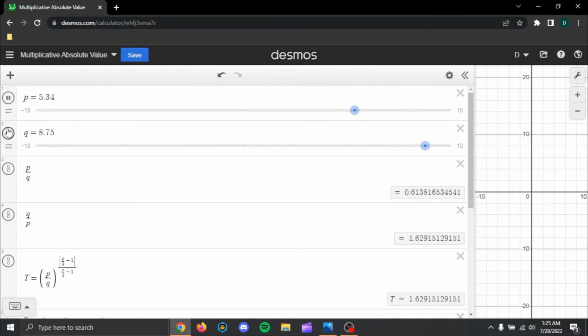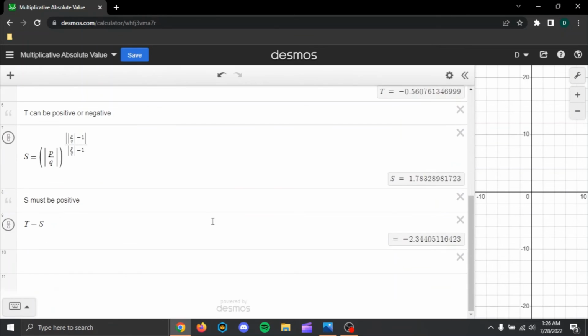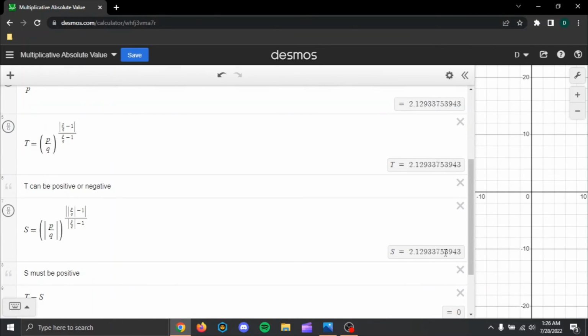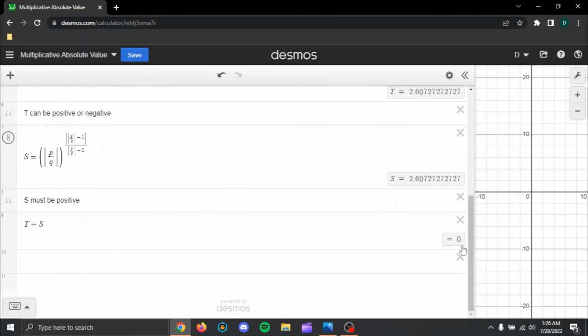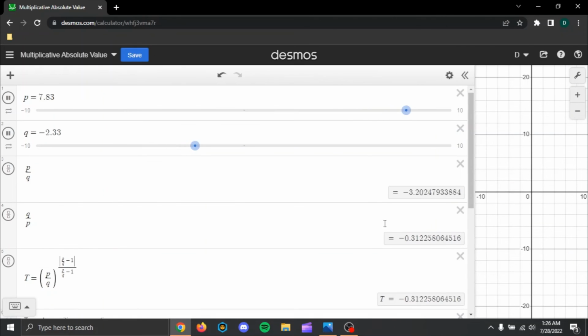So here, let me just show you. Actually, let me pause this a little bit. So there, we can do something like that. And so you can see p over q and q over p. You can see t here. You can see that it's sometimes negative, sometimes positive, and then s, you can notice, is always positive, regardless. And so t minus s is going to be 0 whenever p over q is positive, right?